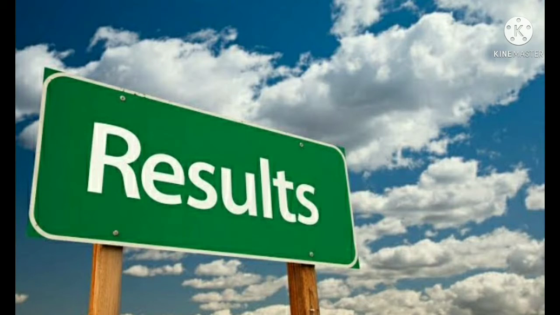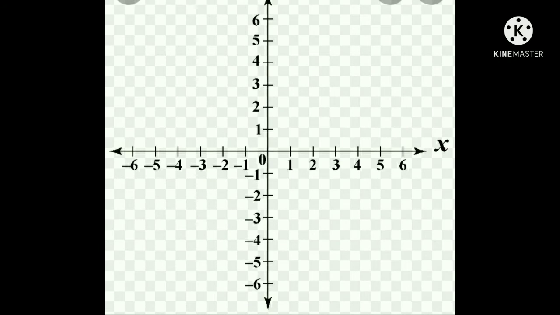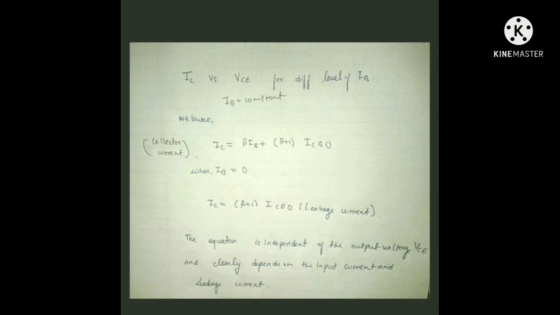Calculation and result. Now, when we do the graphical representation, taking output voltage VCE in x-axis and output current IC in y-axis, we get the graphical relation between the two, keeping IB equal to constant. Now we know collector current IC is equal to beta IB plus beta plus 1 ICBO.